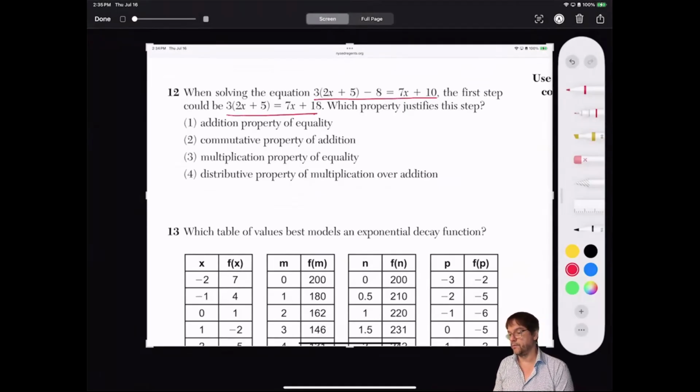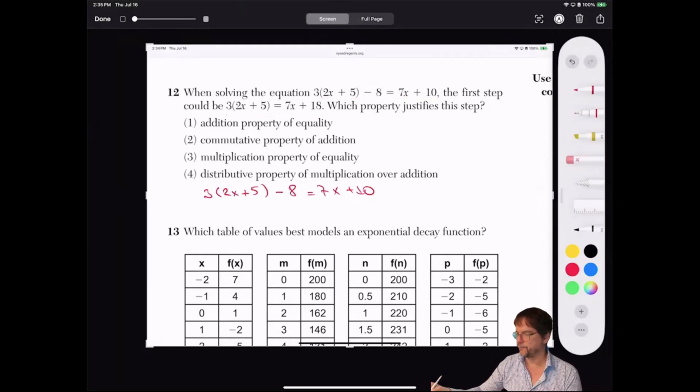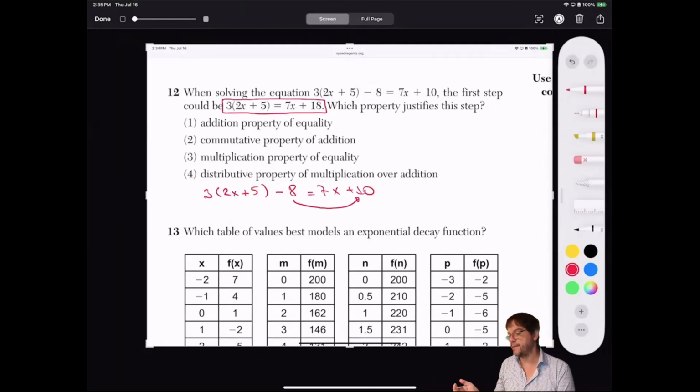Okay, what he did, look, I write it down for you. 2x plus 5 minus 8 is equal to 7x plus 10. To result in this one, what did he do? He passed 8 to the other side. It's subtracting, he passes it adding.